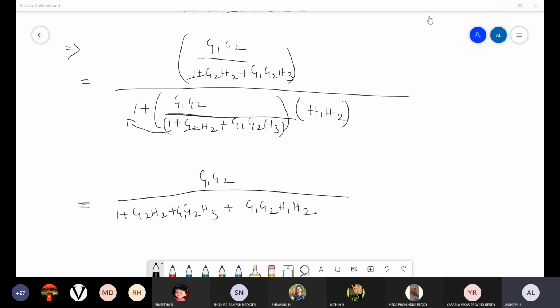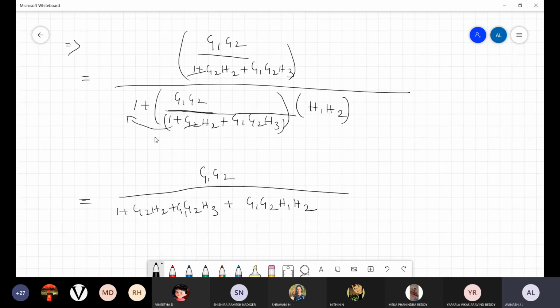Okay, so once you have done this, what is the last step? You must write a block diagram and we must write the equation. So write like this.